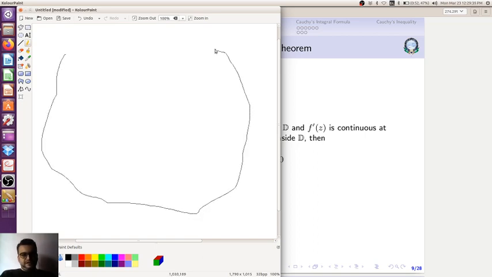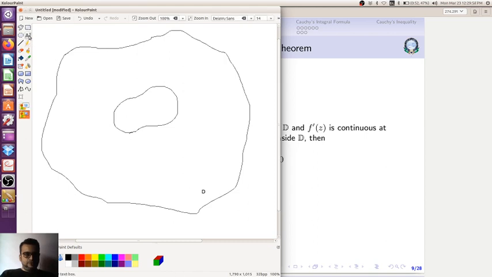This is my domain D, which means the function is analytic everywhere on this domain. Now if I take a closed loop inside this domain, I have to ensure that the loop is closed and lies totally inside the domain. So let's say I have a closed loop C which lies inside this domain.